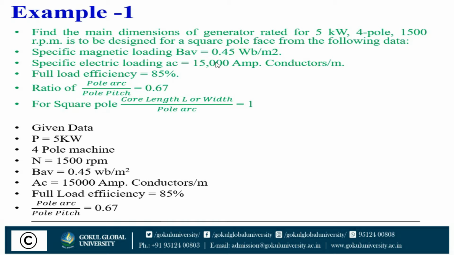Now what we have to find is which data you can control or find. तो जो भी फाइंड डेटा करना है उनको डिसाइड करते हैं. आपको क्या फाइंड करना है, मेन डायमेंशंस मशीन्स डायमीटर एंड मशीन लेंथ, टोटल डायमीटर ऑफ आर्मेचर एंड टोटल लेंथ ऑफ द आर्मेचर. Let's start.